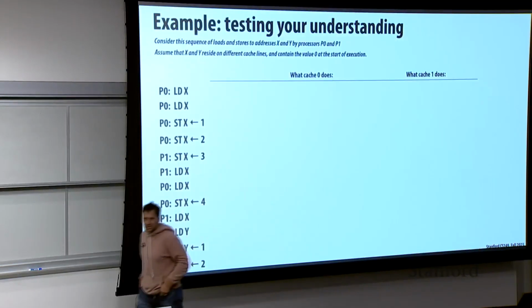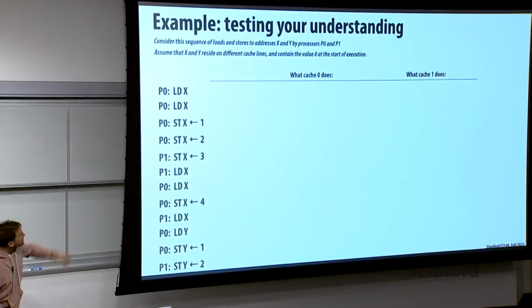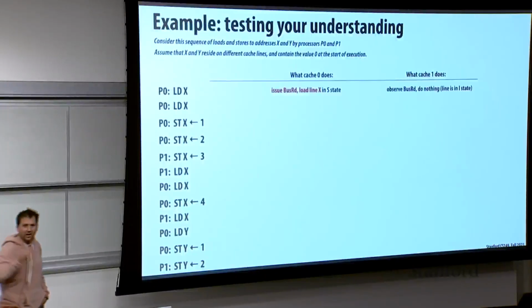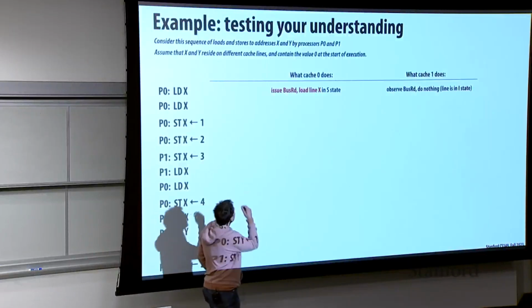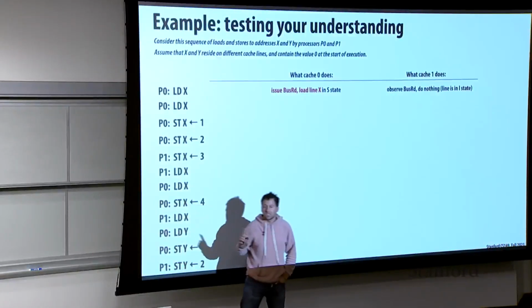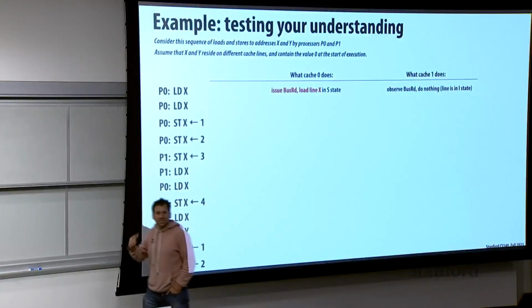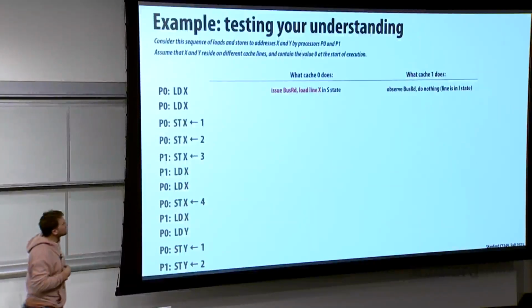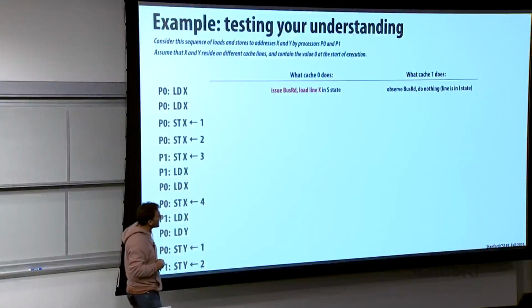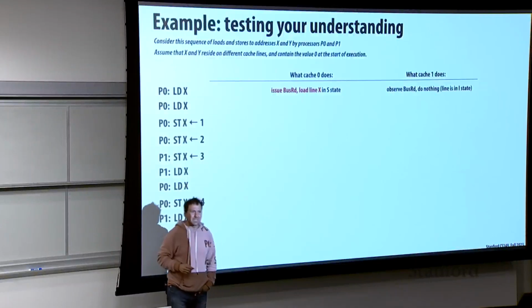So to start, let's say the first cache loads an address. Talk to me about what that cache does. What does this text on the slide actually mean? There's 'issue bus read, load line x' and 'S state, observe bus read.' What does that mean?